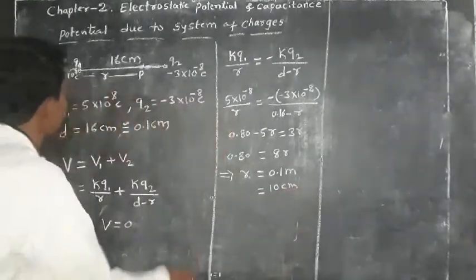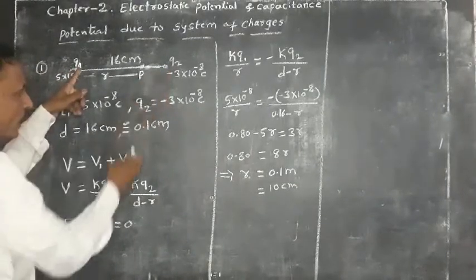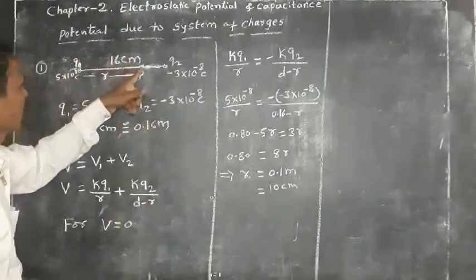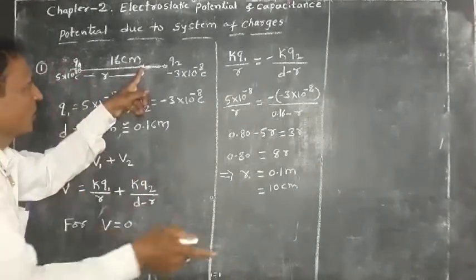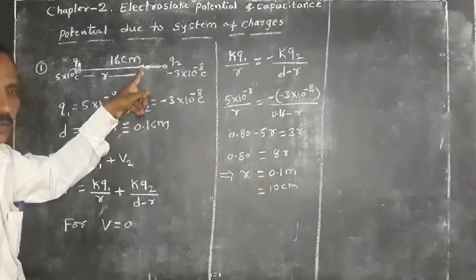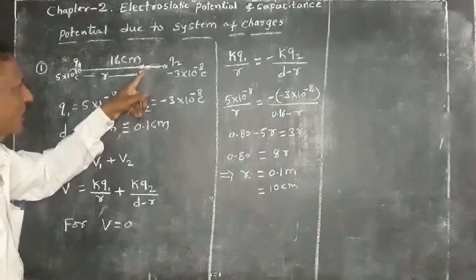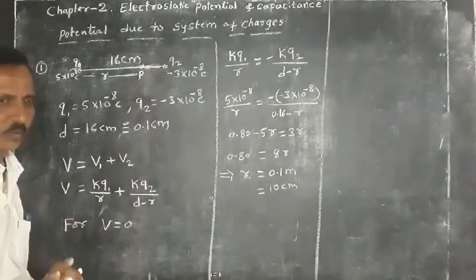The total distance between Q1 and Q2 is 16 centimeter. At a distance of 10 centimeter, potential due to Q1 is equal to potential due to Q2. Hence, net potential at P is equal to 0.